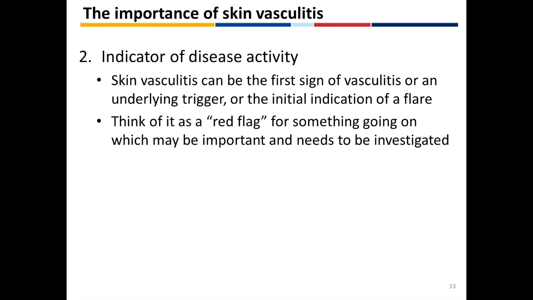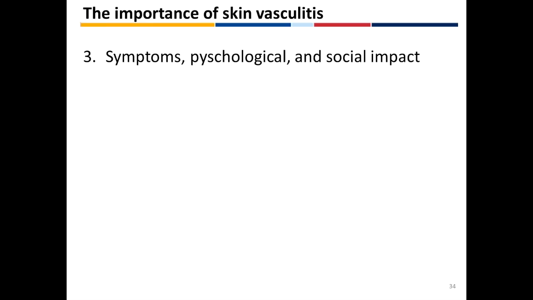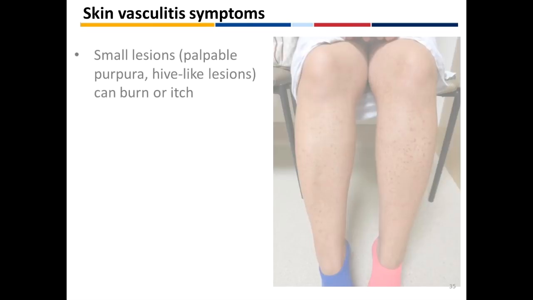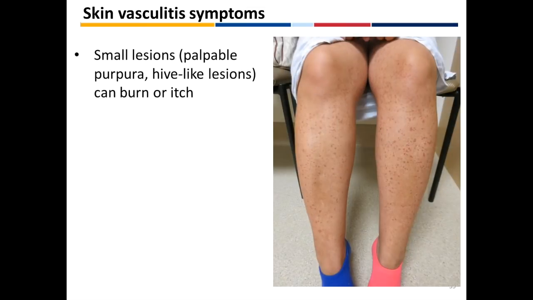Larger lesions, here's some retiform purpura, or skin nodules. They can ache or be painful. They can be tender. If you get an ulcer, certainly that's painful, and it's an open wound. And especially if you're on prednisone or other medicines, this is a risk of infection. And so there's a lot going on here that we might want to address.